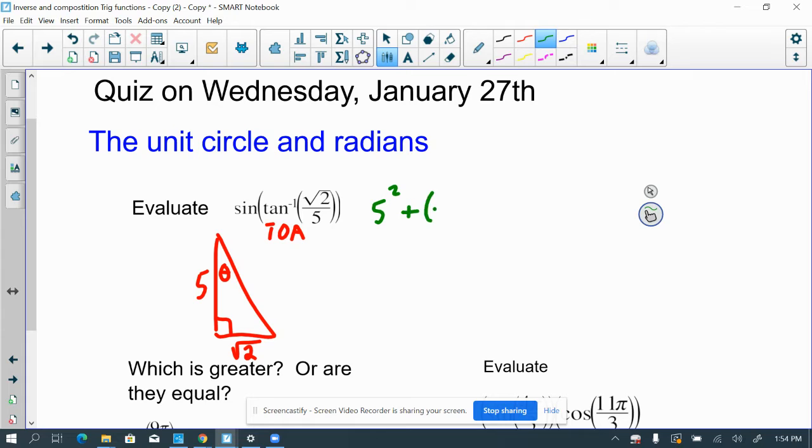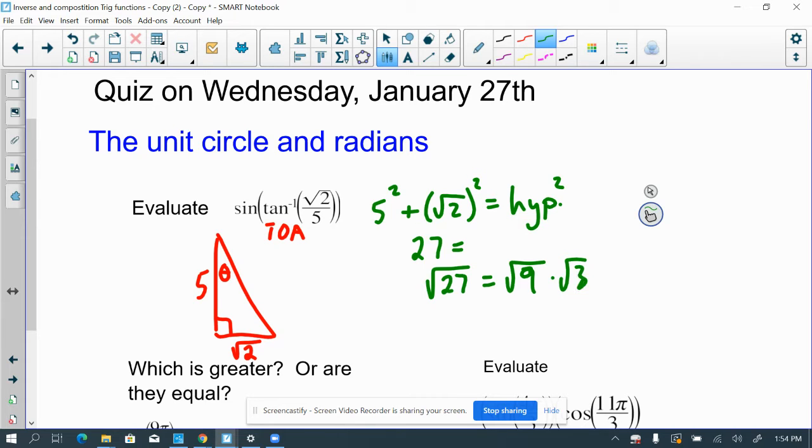Leg squared plus leg squared equals the hypotenuse squared. So that's 25 plus 2, which is 27, and rad 27 is rad 9 times rad 3, which is 3 rad 3. So the hypotenuse is 3 rad 3.